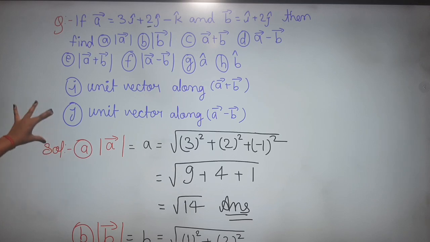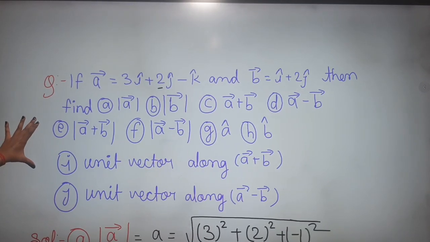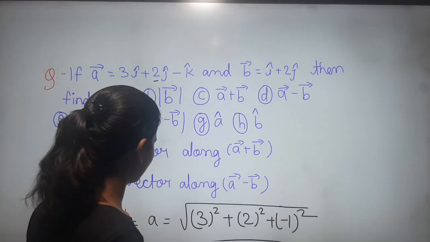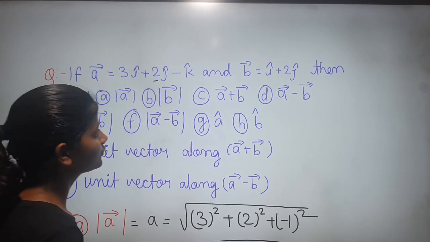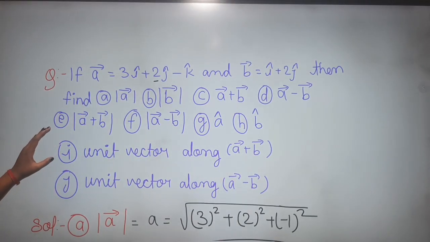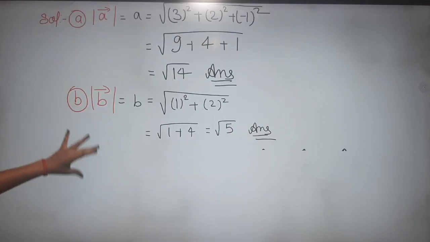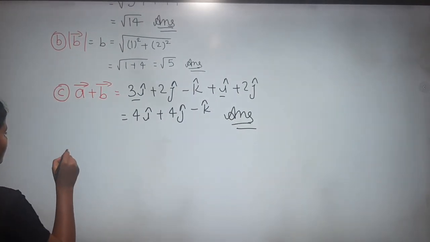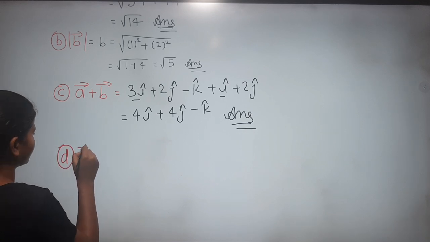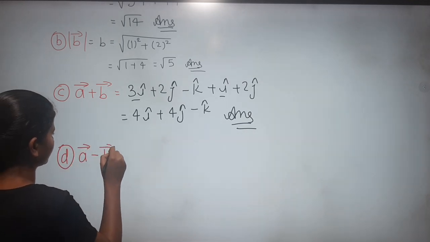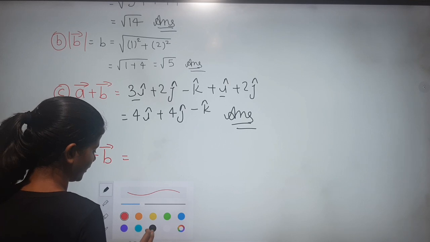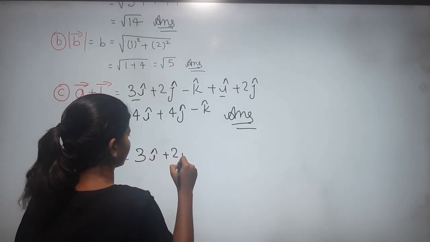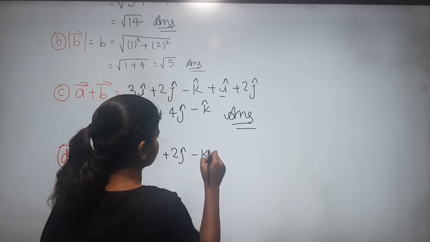I hope you understand this question that we solved. Now we have to find A vector minus B vector. So A vector is given, that is 3 i cap plus 2 j cap minus k cap.